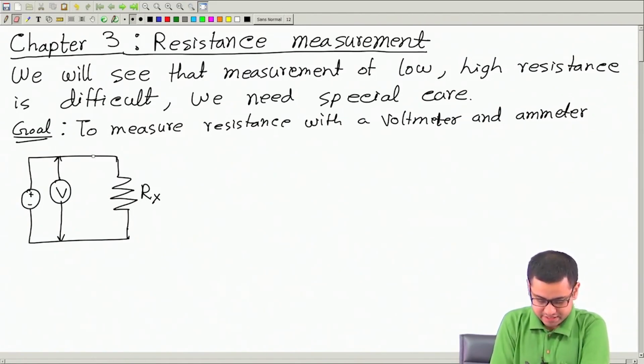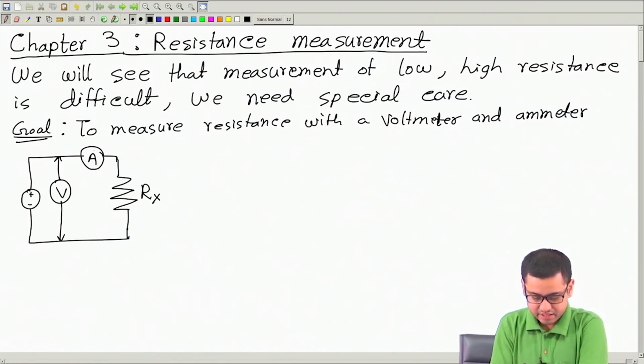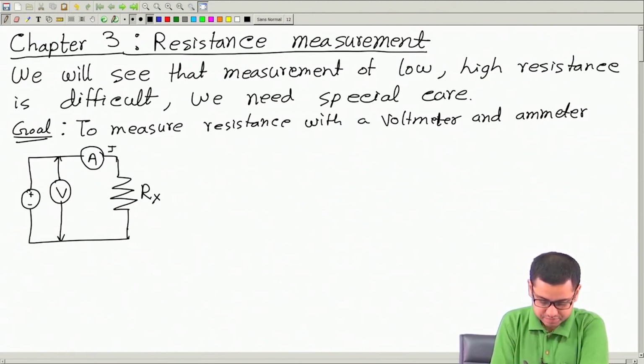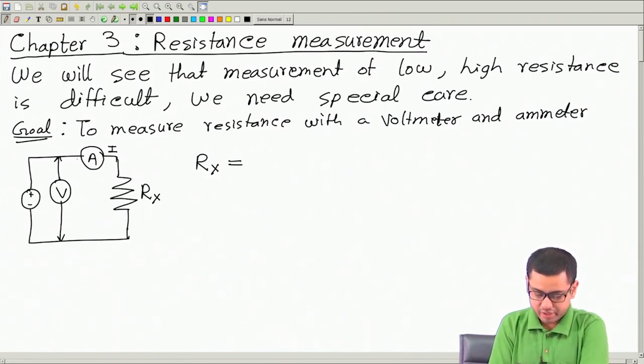I have to insert it in series. We know that ammeters are connected in series. So let's connect an ammeter. The symbol is an A inside a circle. This ammeter will measure this current I, and this voltmeter will measure this voltage, call it V. Then we can estimate Rx using Ohm's law, the voltage divided by the current.